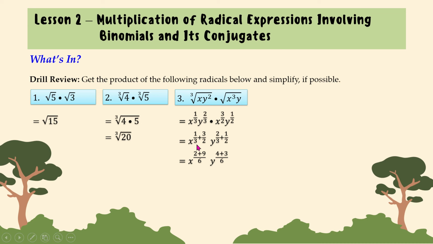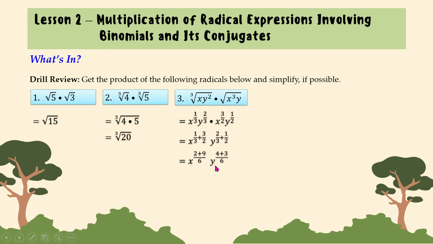The common denominator for the exponent of x is 6. The common denominator for base y is also 6. To get the new numerators, we divide the LCD 6 by each denominator, 3 and 2, then multiply the result by each numerator. So, 6 divided by 3 is 2, times 1, 2. 6 divided by 2 is 3, times 3, 9.